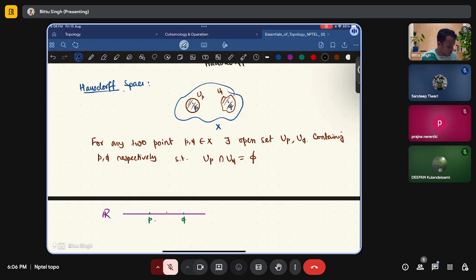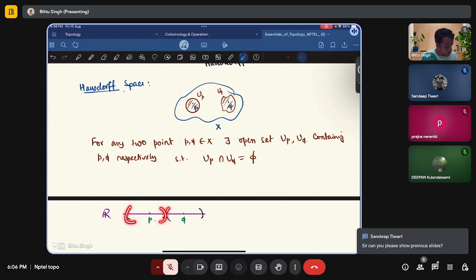Take the distance and take an open set like this, with radius half of the distance. This is the most optimal way to separate. You can extend on the left and right side, but this is one way to consider open sets.